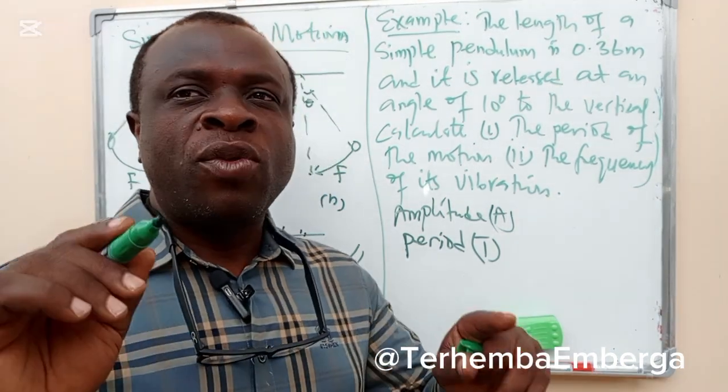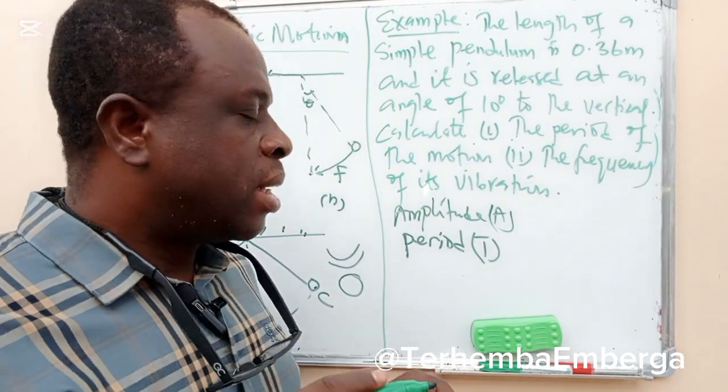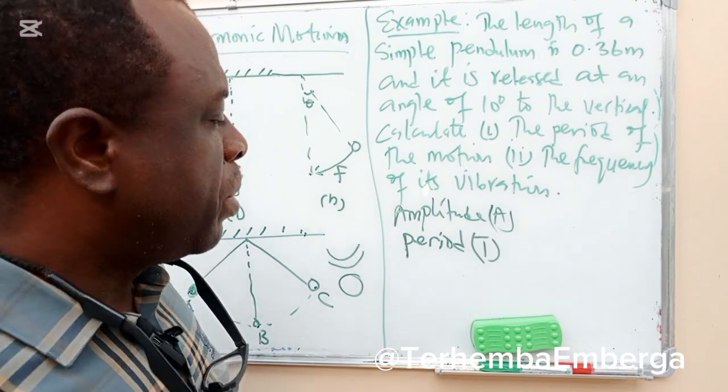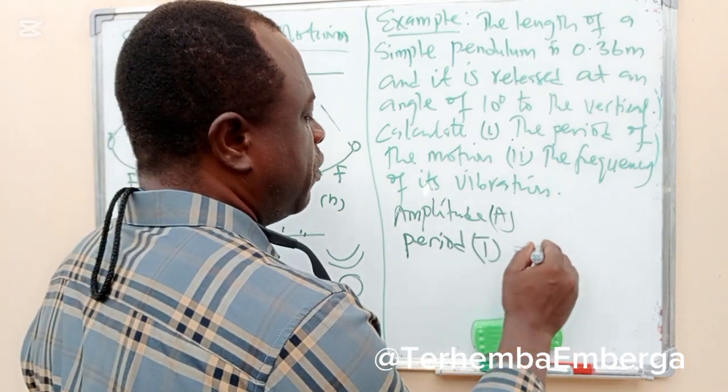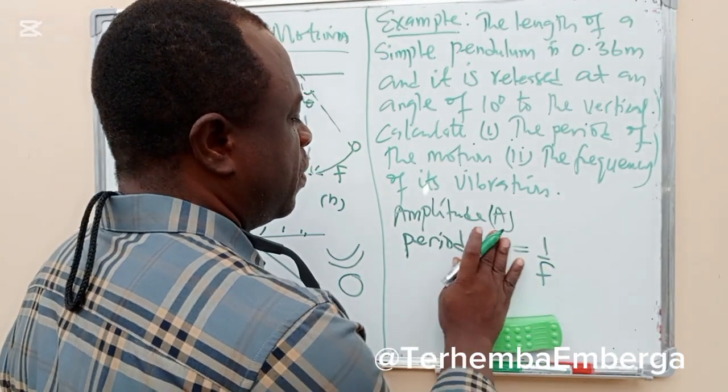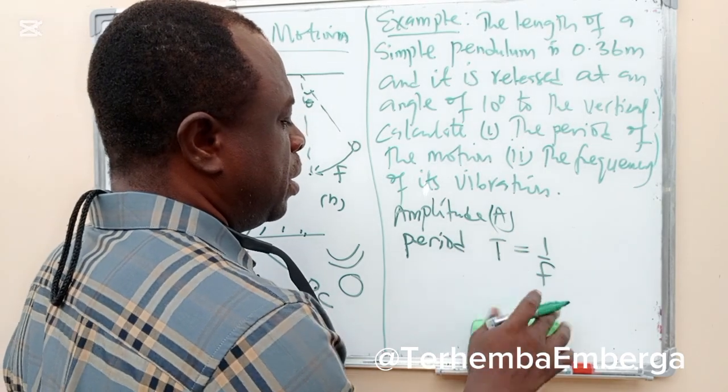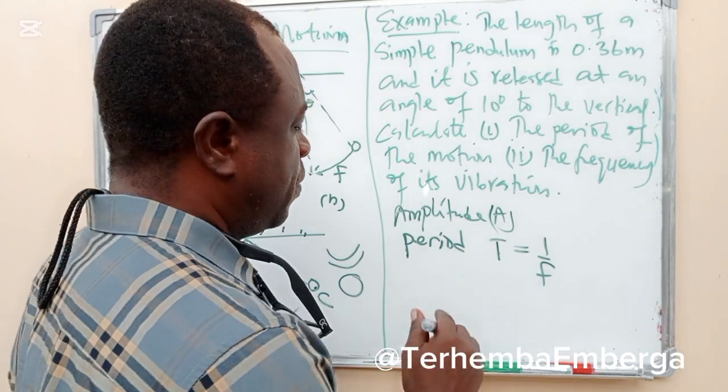So the time taken for one complete circle or oscillation is what we call the period. And it's given as 1 over f. Period T is given as 1 over f.